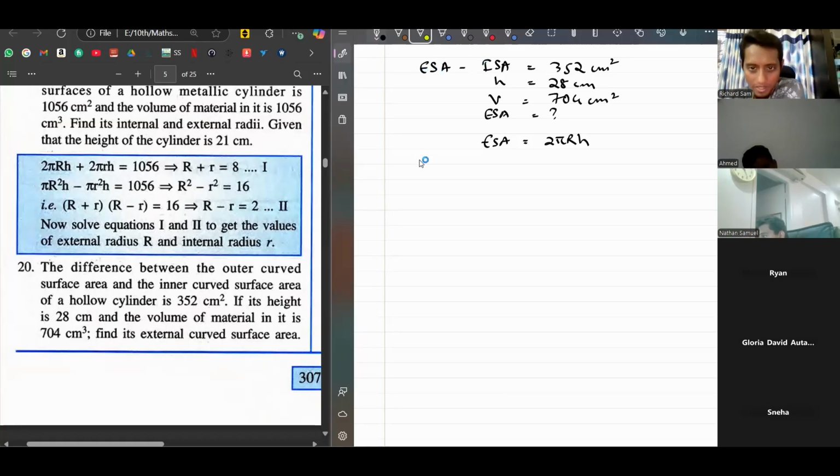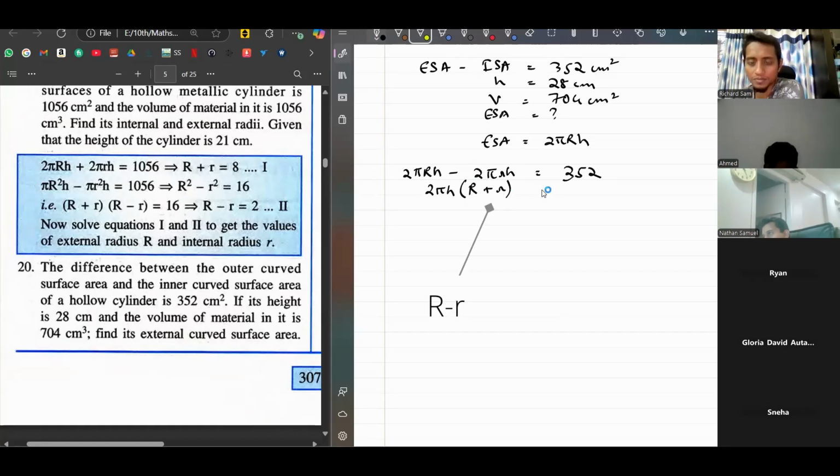External surface area minus internal surface area. That means 2 pi capital R h minus 2 pi small r h is equal to 352. Take 2 pi h common outside. Inside you'll have capital R plus small r is equal to 352.